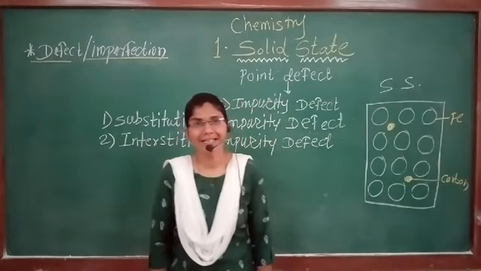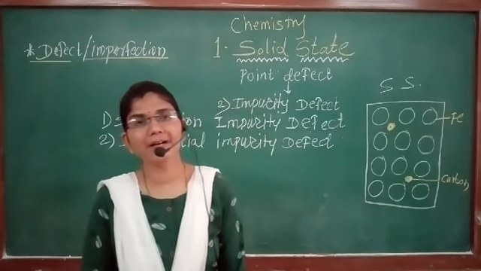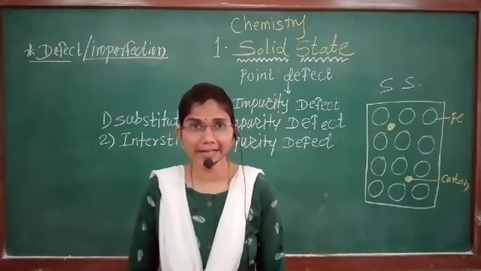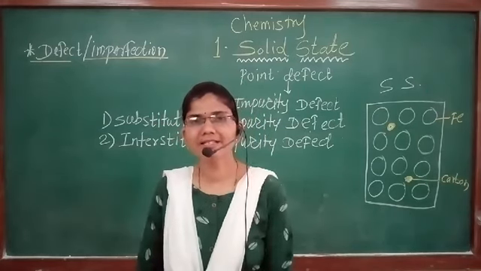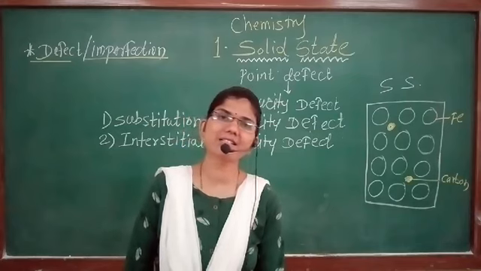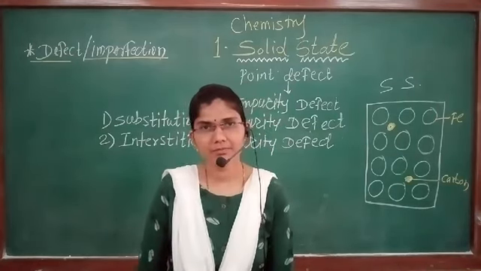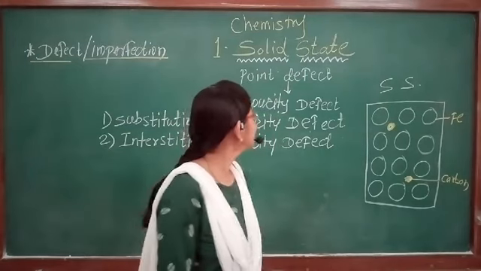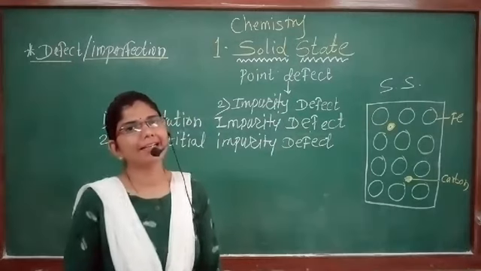That means in interstitial impurity defect, the impurity atom occupies the interstitial site. For example, in stainless steel, the carbon occupies the interstitial site. So this is our second type of defect, called impurity defect.